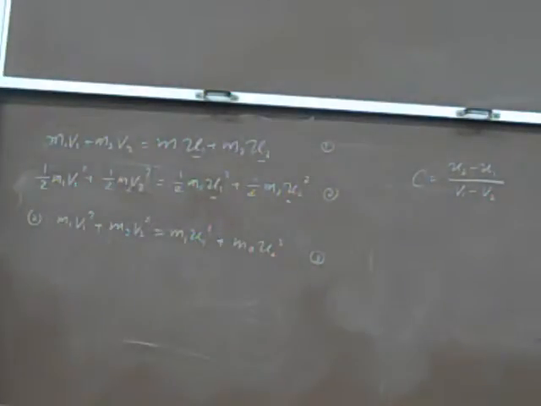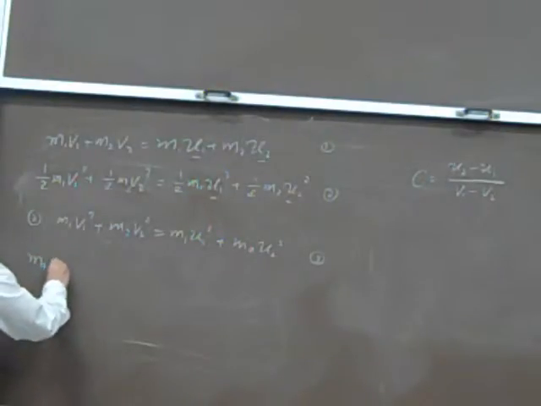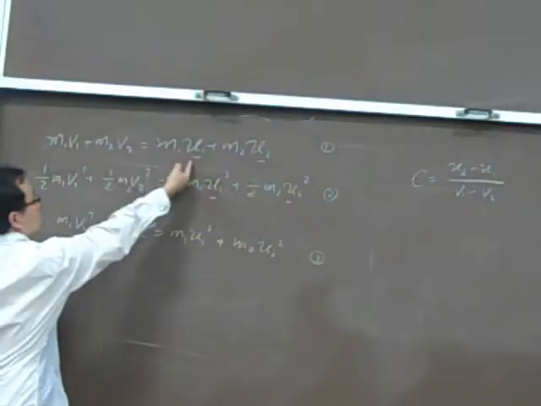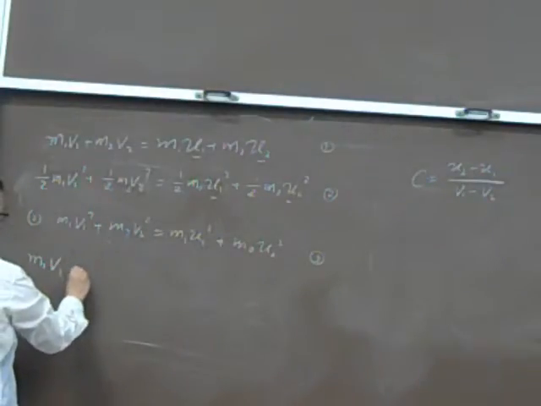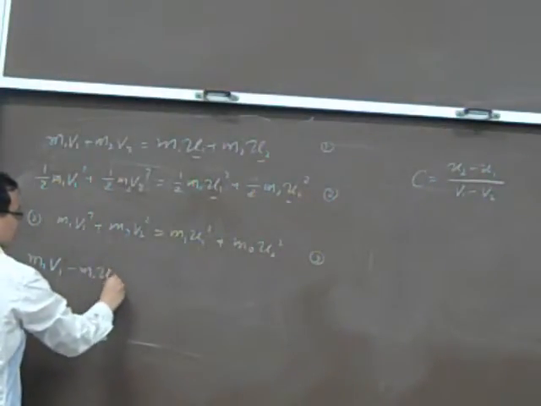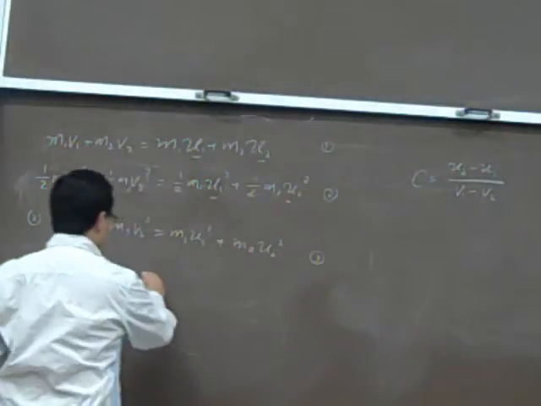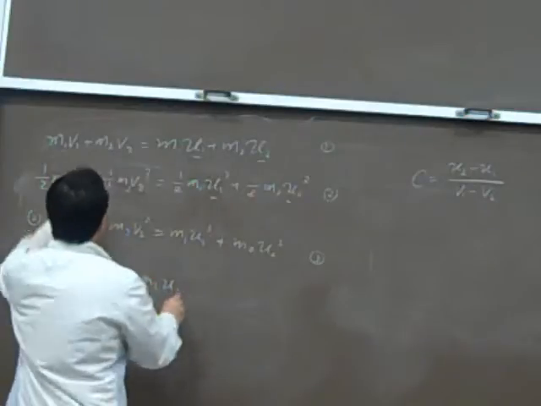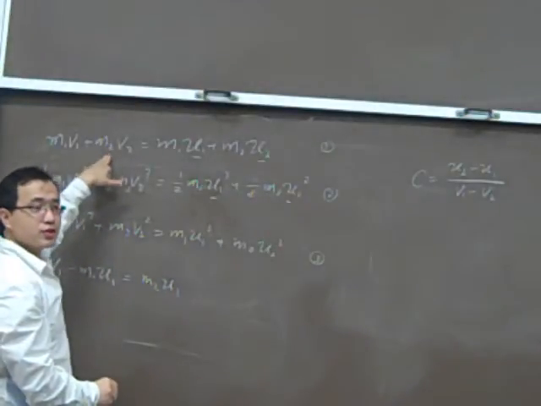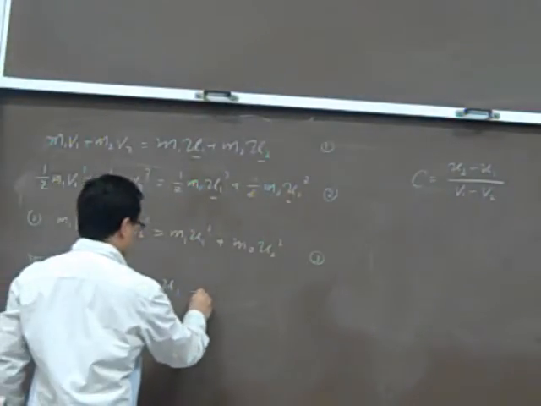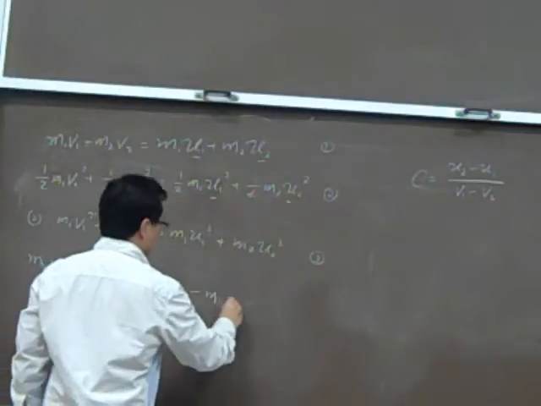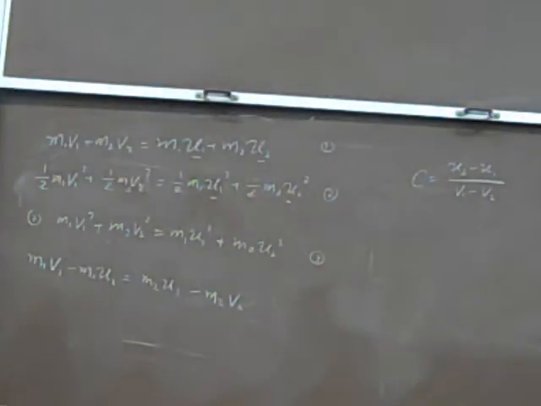Now I'm going to rearrange it like this. I put m1 v1 here and move m1 u1 here, so it becomes negative m1 u1. Then we have m2 u2 here, and I move this term to the right hand side, where it becomes m2 v2.